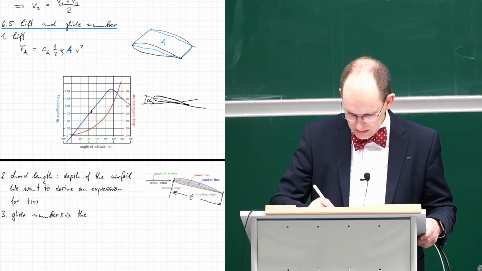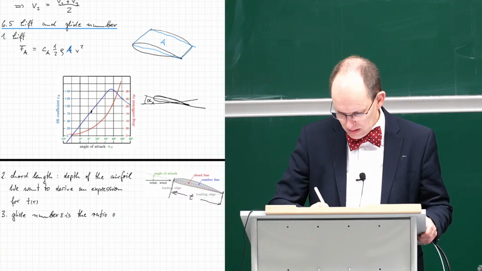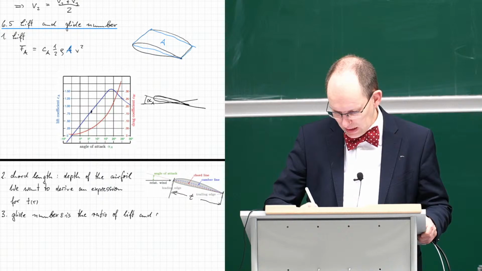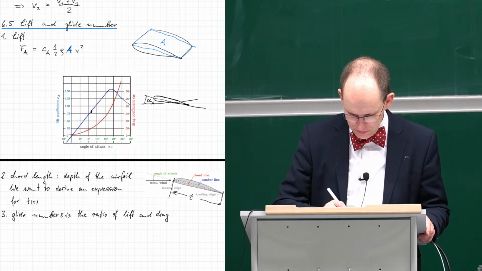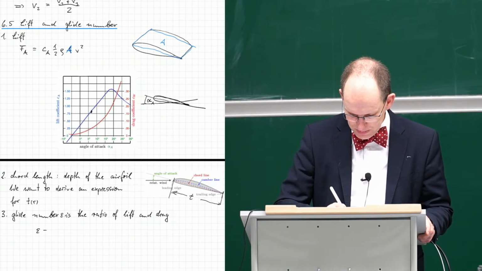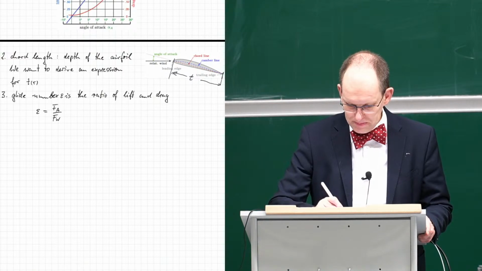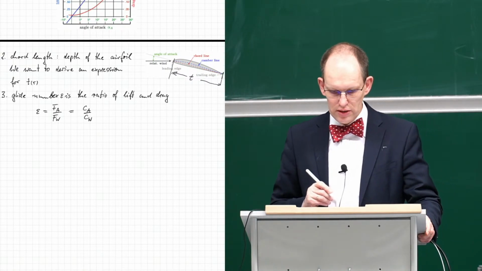So the glide number epsilon is the ratio of lift and drag. Because the formulas are the same, it's just the ratio of the respective coefficients. So what we get is epsilon equals Fa to Fw, and this reduces to the lift coefficient over the drag coefficient. Good.